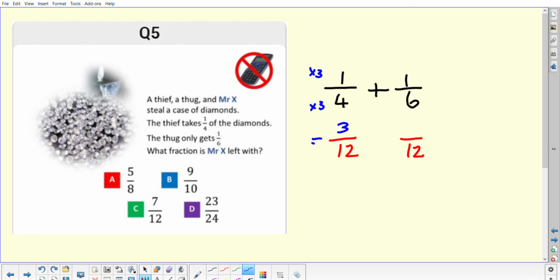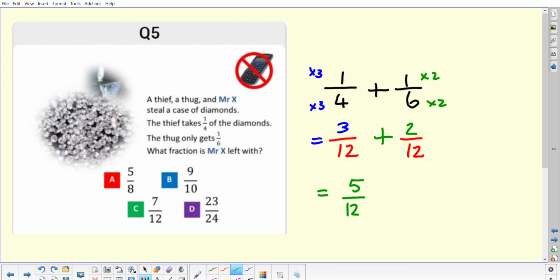So 1/4, same fraction as 3/12, and our 6 we have times by 2, so top and bottom times them by 2 would mean you'd have that. So 3/12 plus 2/12 all together would be 5/12.